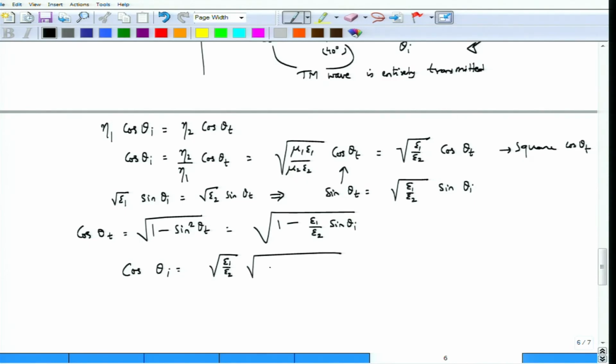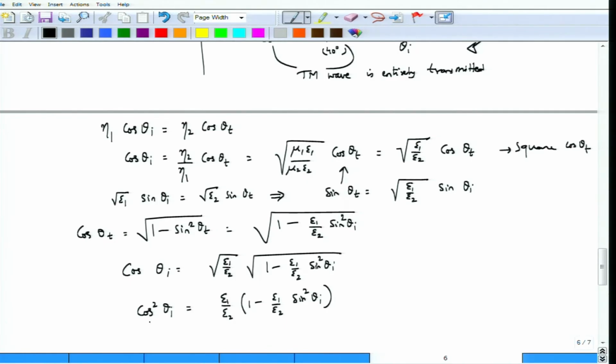Cos theta t is square root of 1 minus epsilon 1 by epsilon 2 sin theta I. So, this implies that cos square theta I must be equal to epsilon 1 by epsilon 2 into 1 minus epsilon 1 by epsilon 2 sin theta I, okay. Is it sin theta I or sin square theta I? This is sin square theta I, we forgot a square up here. So, this is the expression for cos square theta I.